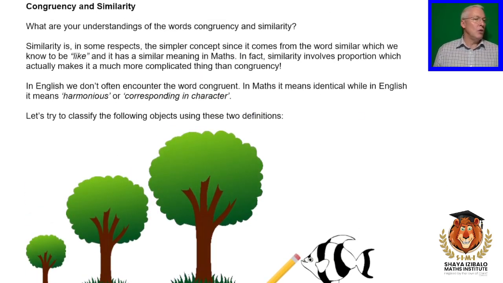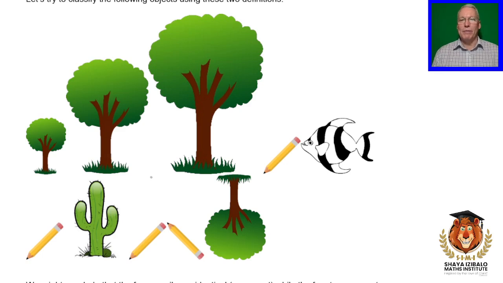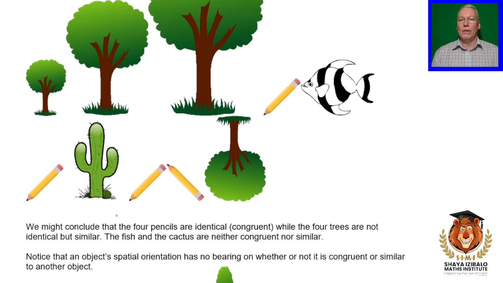Okay, we're now going to dive into our last concept, and that's the idea of congruency and similarity. Similar means "alike" in English, but in maths it involves proportion. In English, congruent means identical, and in maths it means identical. So if we look at these pictures, which things are identical?